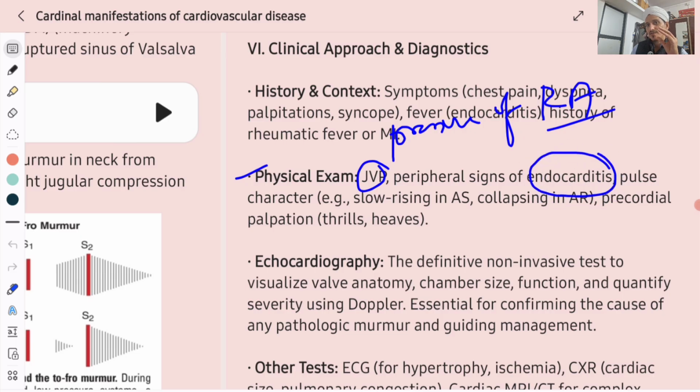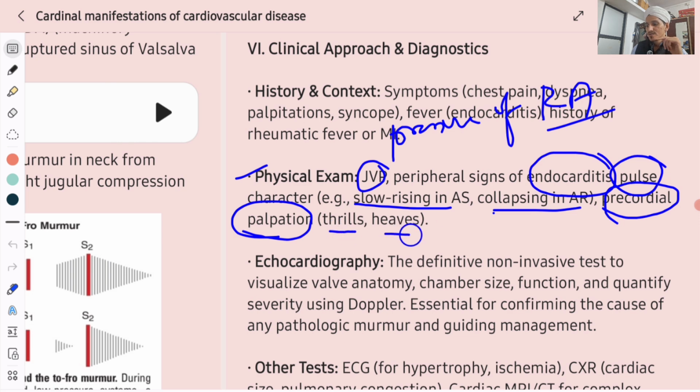So you're focusing on the cause of the valvular abnormality, whether it is causing some complication, and whether that valve is infected or not. Endocarditis. And you will palpate the pulse: slow rising in aortic stenosis and collapsing in aortic regurgitation. Chest palpation is important in murmurs, whether you can feel thrills and heaves.